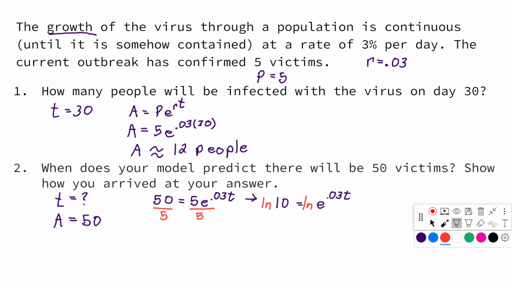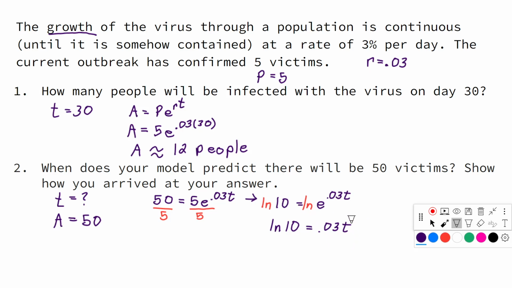I'm not going to find the value of natural log of 10 just yet. We will use the calculator to do that, but we're going to wait until the last moment possible to calculate that value. So when I take the natural log of e to the 0.03t, we're left with the exponent.